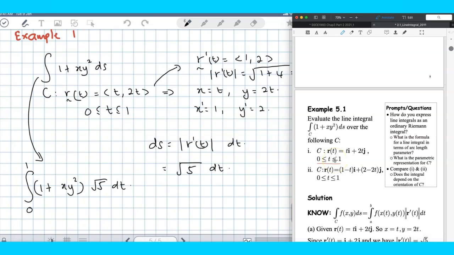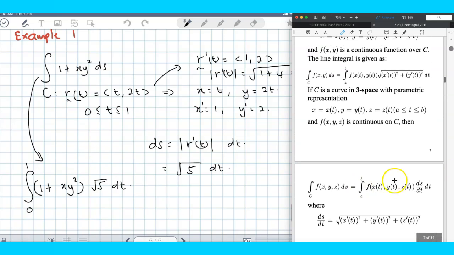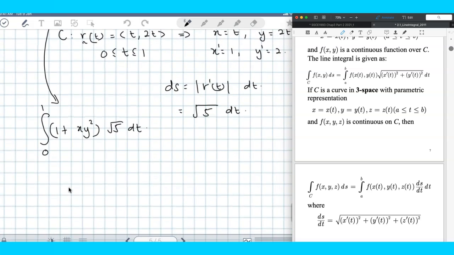Can we directly integrate now? Look at your general step. You must be able to change everything in terms of t, meaning you still cannot directly integrate with respect to t, because your integrand here still has x and y. You have to substitute, or convert, your integrand into t.